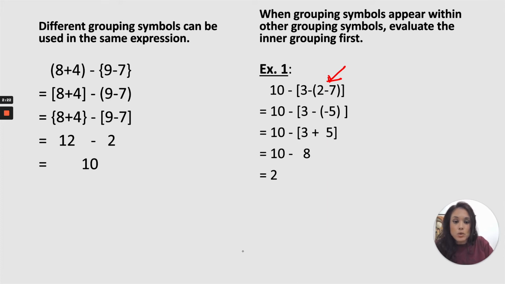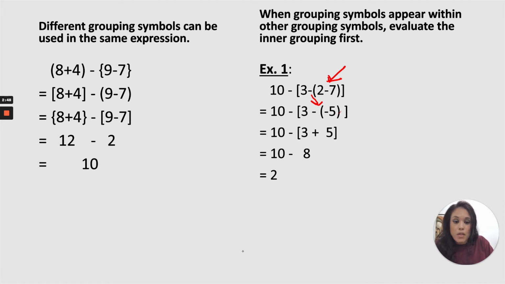And you know that 2 minus 7 is negative 5. Okay, I'm going to continue to keep the parentheses around this answer, negative 5. I'm going to rewrite everything. I'm going to bring down this minus sign and the 3 and the bracket and the subtraction sign and the 10. So now we need to evaluate what is within the brackets.